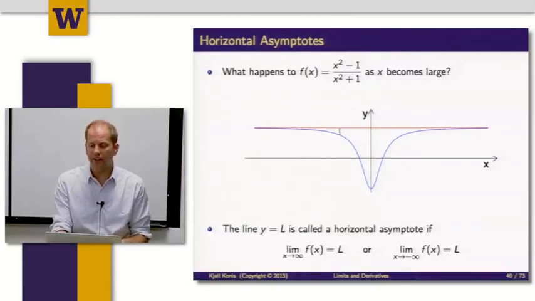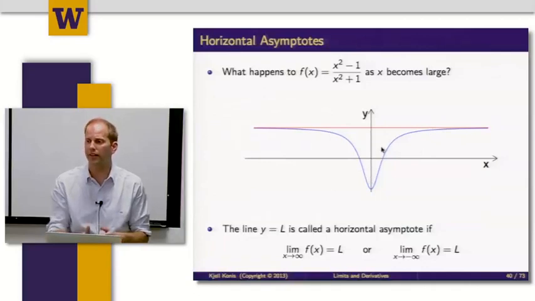And so the definition of this red line: if I look at the limit as x goes to infinity of f of x, if that approaches some finite value, then I'm going to say that this function f of x has a horizontal asymptote at that value. And the way I've designed this example, you get the same value if I go to plus infinity or minus infinity.